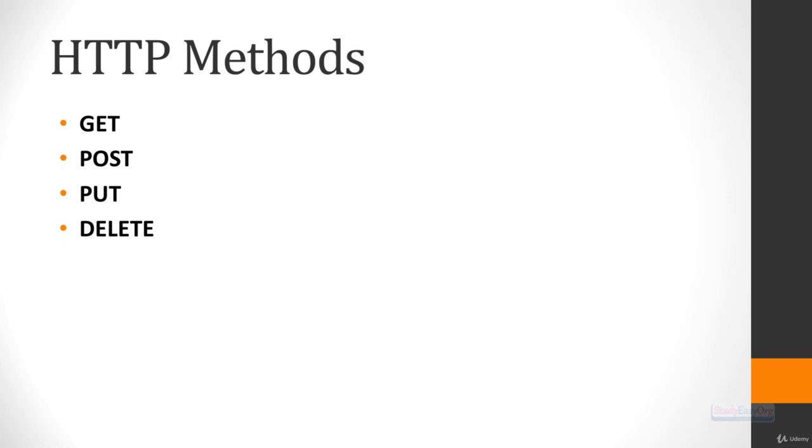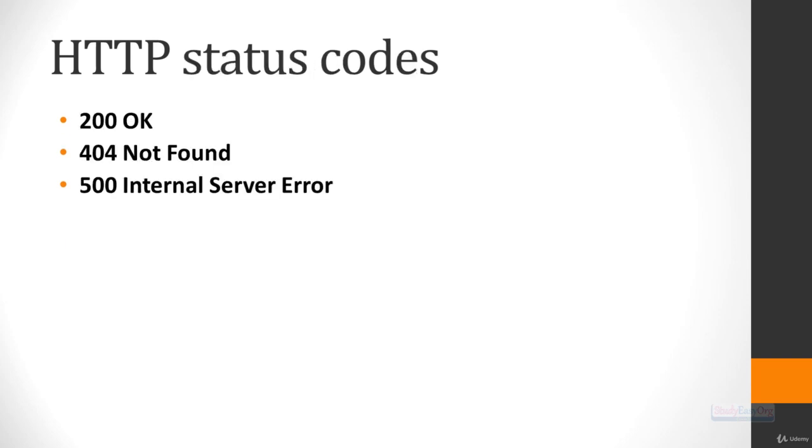Whenever we perform some action when it comes to RESTful APIs, we will also receive a status. For example, if everything is okay, then we will get status code 200, whereas if the URL is a non-existent URL, then definitely the server will return the famous status code 404 not found. Whereas if there is some server related issue, then it will return a status code, for example, internal server error.